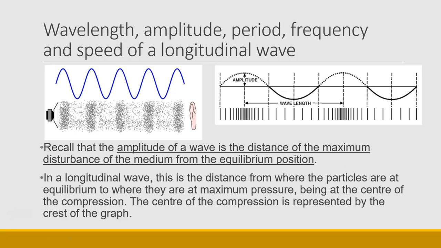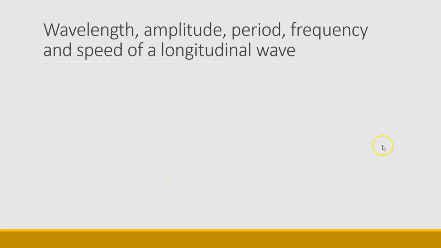If we represent a longitudinal wave on a graph, then the amplitude is the distance from this equilibrium position to where the particles are at maximum pressure. Maximum pressure of the particles is the center of a compression, and the center of a compression is represented by the crest of the wave. We can see that here too. The center of a compression would be represented by the crest.